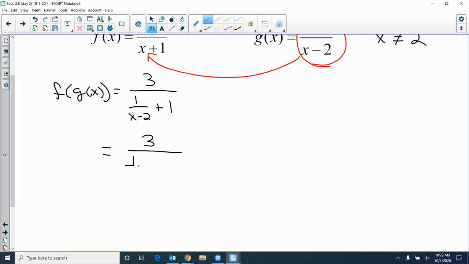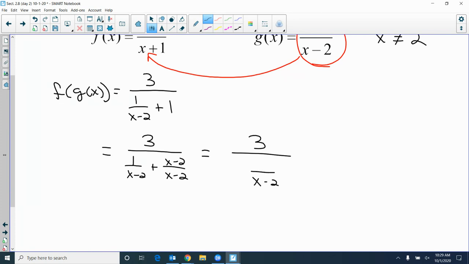So it'll be 1 over x minus 2 plus x minus 2 over x minus 2, because you've got that constant of 1. And now what I can do with that is I can write this as 3 over, all right, it'll have a denominator of x minus 2.